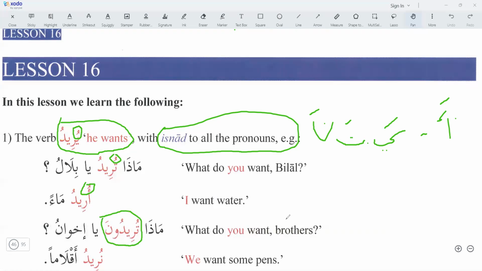What do you want, brothers? So here it also takes the dhamma. Nuridu aqlaman, we want pens. This nuridu also takes the dhamma. So all the harful mudare, ta, alif, noon, and ya, take the dhamma.